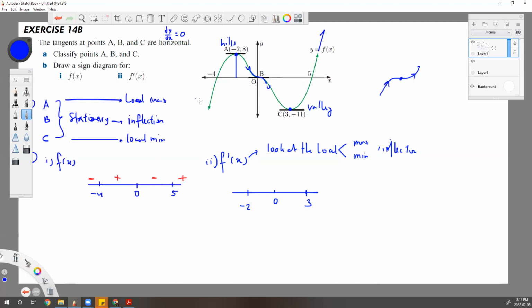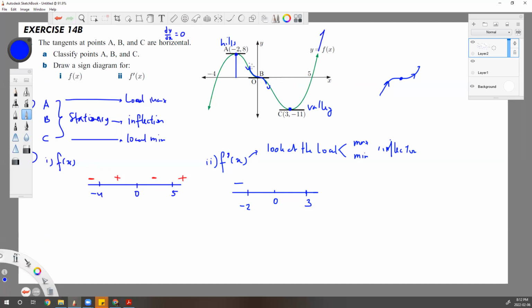Okay, so start from -2 to the left, the gradient is positive, right? Positive until 0, right? So from below -2, the gradient is negative, because if we talk about f'(x) or the derivative, it is always about the gradient.